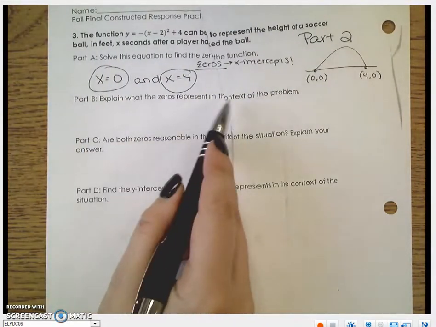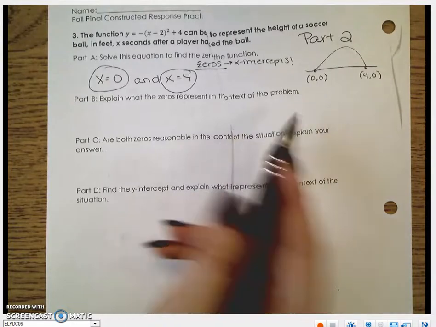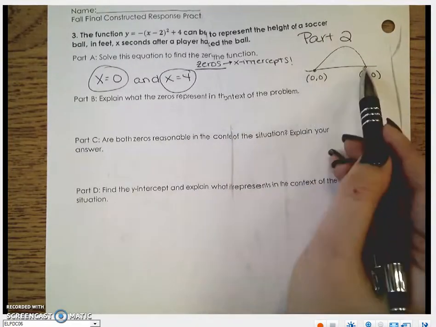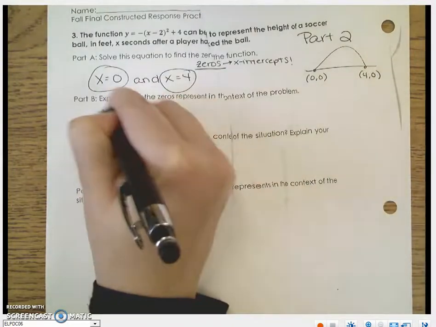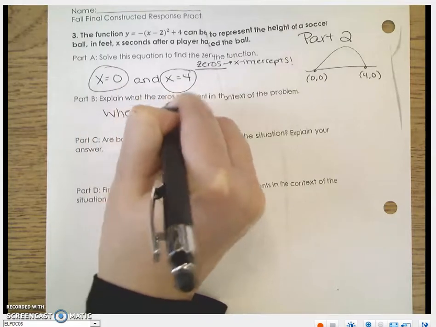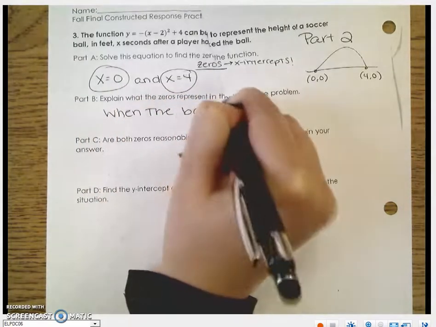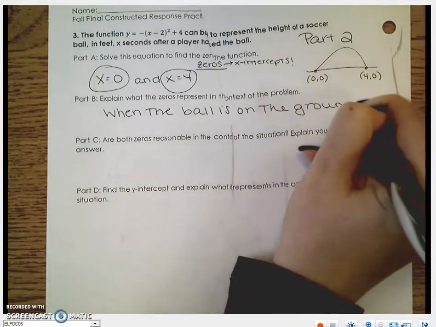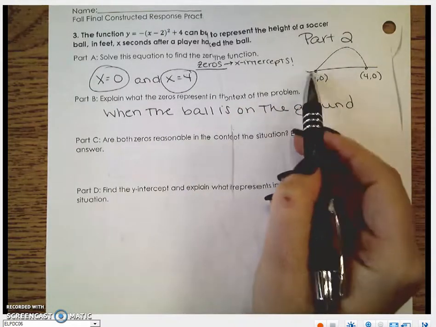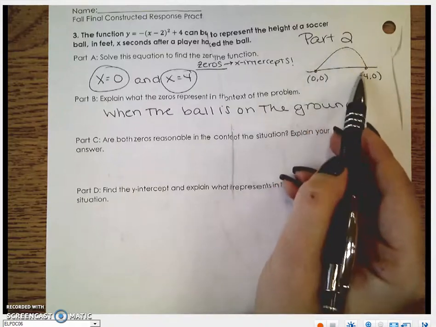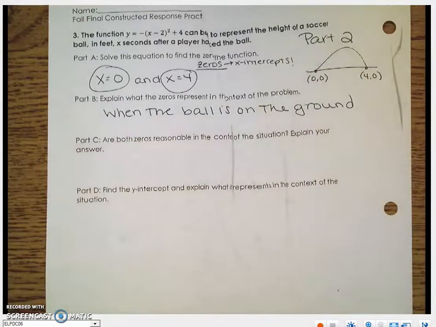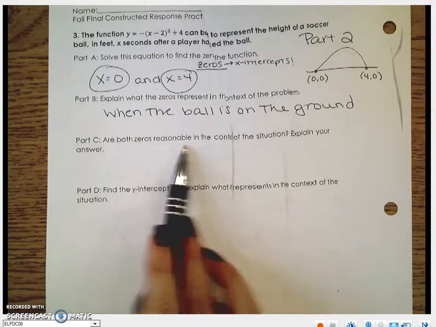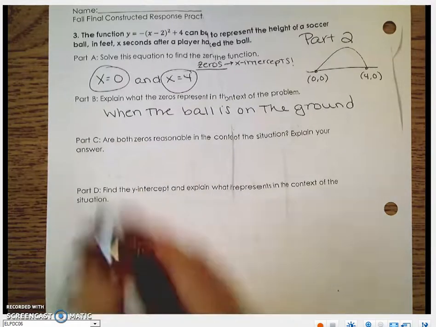Explain what the zeros represent in the context of the problem. So in this problem, my x-intercepts is when the ball is on the ground. At 0 seconds it was on the ground, then it went up in the air and came down at 4 seconds. Part C, are both zeros reasonable in the context of this situation?